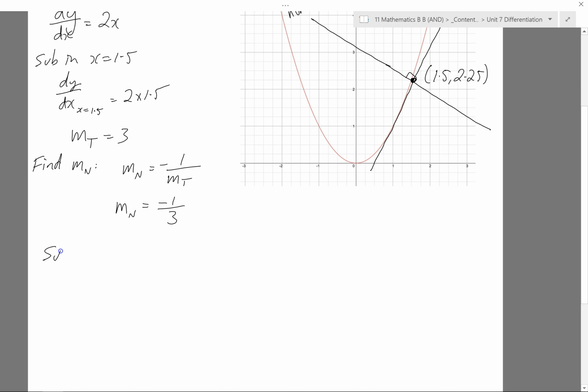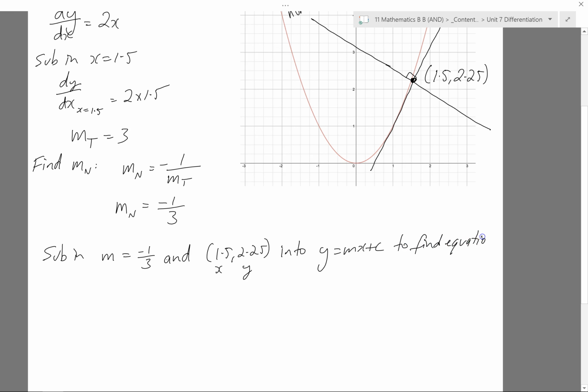So I'm going to sub in m of -1/3 and the point (1.5, 2.25) as my x and y into y equals mx plus c, to find the equation. So I'll go ahead and do this.